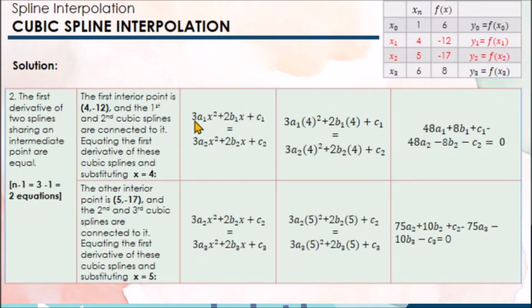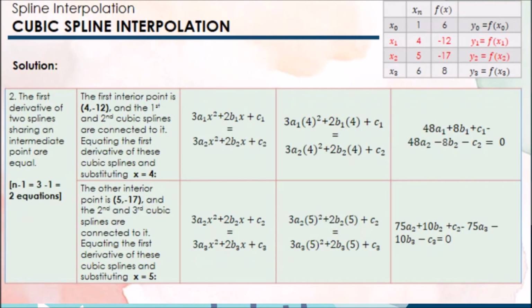So, we have 3a sub 1 x squared plus 2b sub 1 x plus c sub 1 is equal to 3a sub 2 x squared plus 2b sub 2 x plus c sub 2. And then, we substitute the value of our x, which is 4. So, we have 3a sub 1 times 4 squared plus 2b sub 1 times 4 plus c sub 1 is equal to 3a sub 2 times 4 squared plus 2b sub 2 times 4 plus c sub 2.